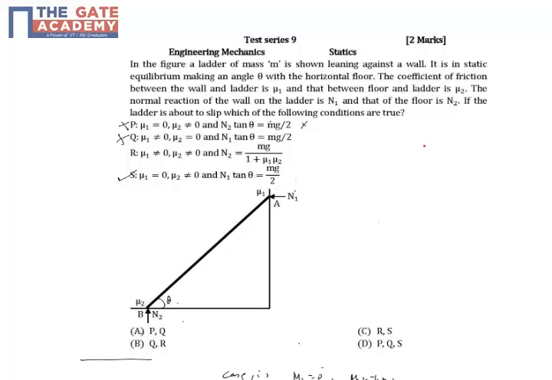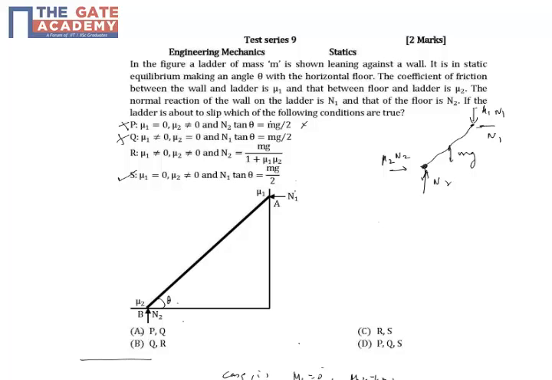Now coming to the general case where we have both mu1 and mu2. In that case you have friction like this. This is N1, this is mu1 N1, this is N2, and this is friction mu2 N2, and you have mg. We take moment balance about the left end, and we get the same.